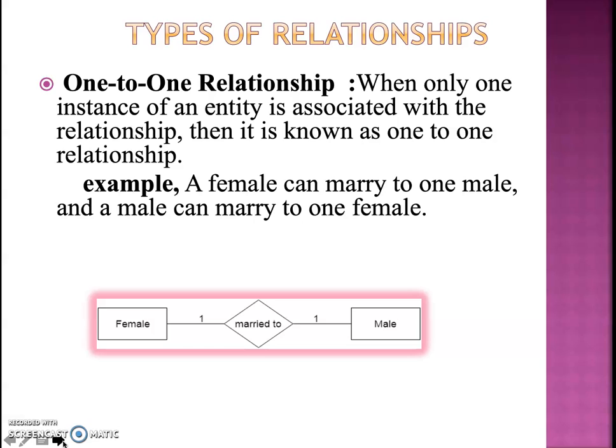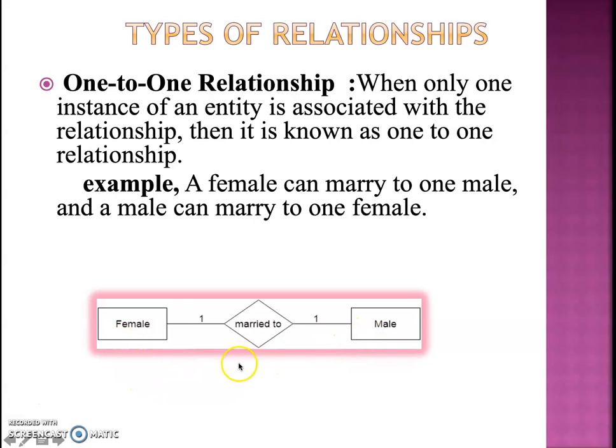There are various types of relationship like one-to-one, one-to-many, etc., which we will be learning today. One-to-one relationship is when one entity is associated in a relationship with another entity. Here we can see as an example, a female marries a male.